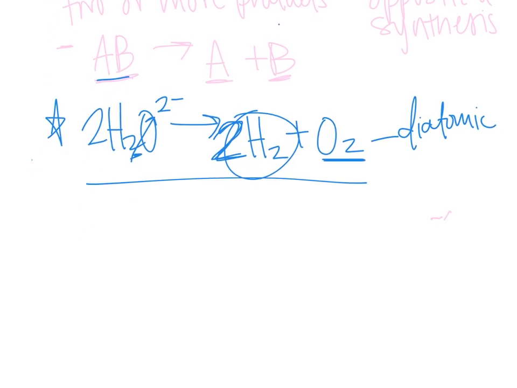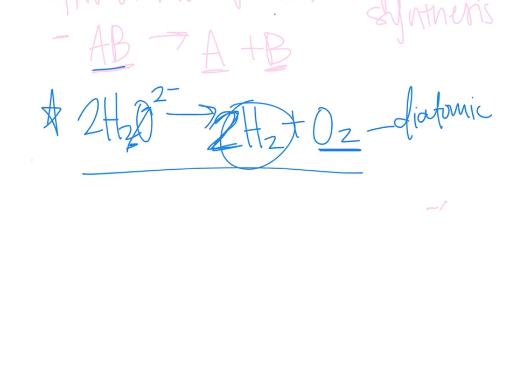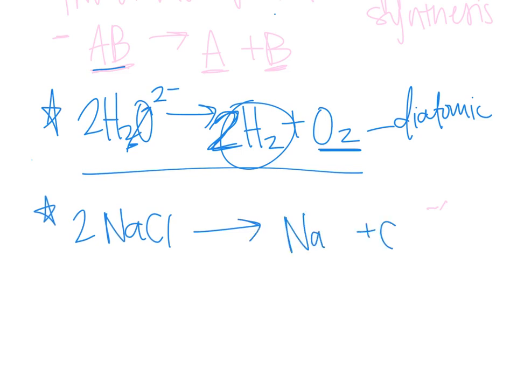Now let's do another example of a decomposition reaction. So in this example, we have 2 NaCl, sodium chloride, and that's going to yield Na and chlorine. And let's do the crisscross method to figure out our charges.